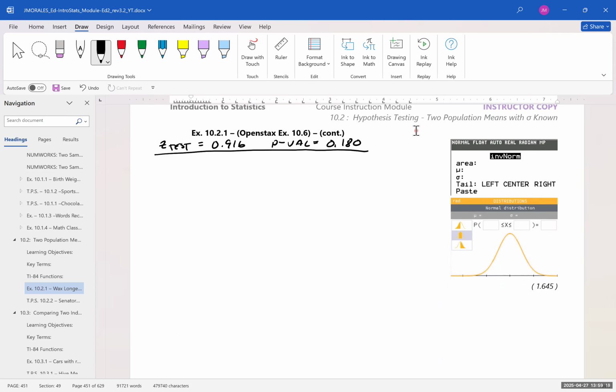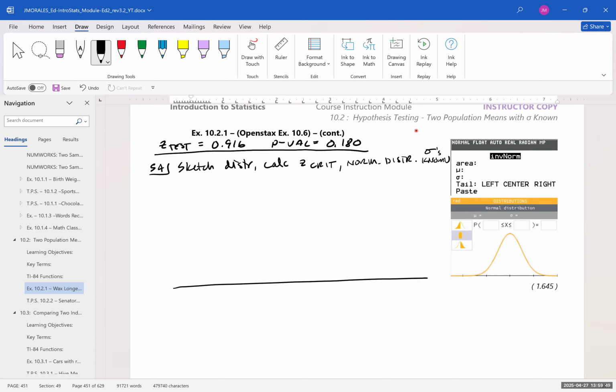So this is going to be step 4, which is to sketch our distribution and calculate our z critical value. All right, so we're dealing with a normal distribution because, again, the population standard deviations were known.